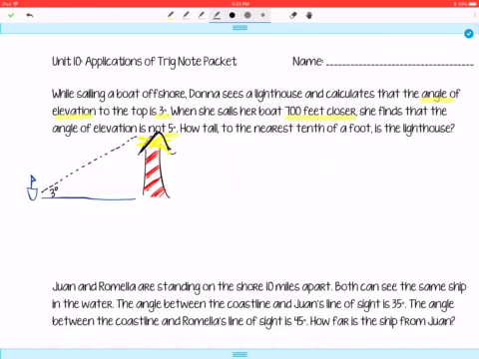Then Donna sails her boat 700 feet closer. We don't know how far out she is originally, but we know that she comes inward 700 feet and then stops with some distance still left over. When she looks up the second time, that angle of elevation is 5 degrees. We would also assume this angle is 90 degrees between the lighthouse and the ground it's built on, because buildings should be built perpendicular so as not to lean.